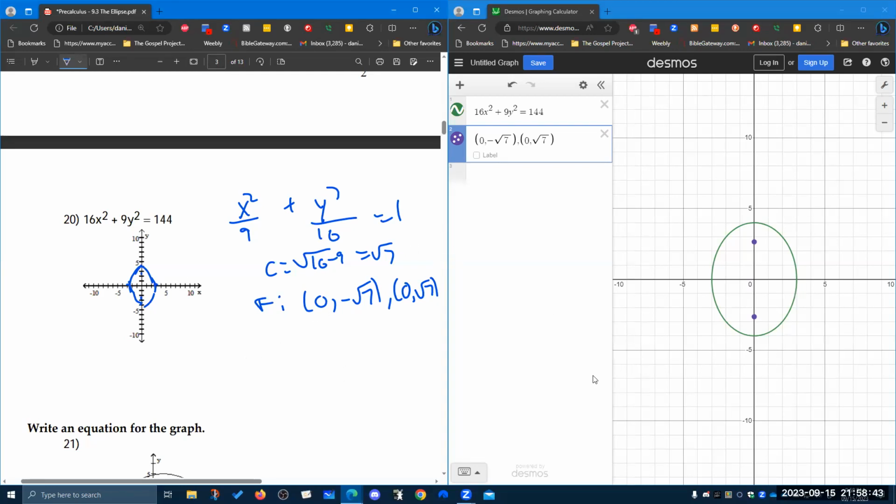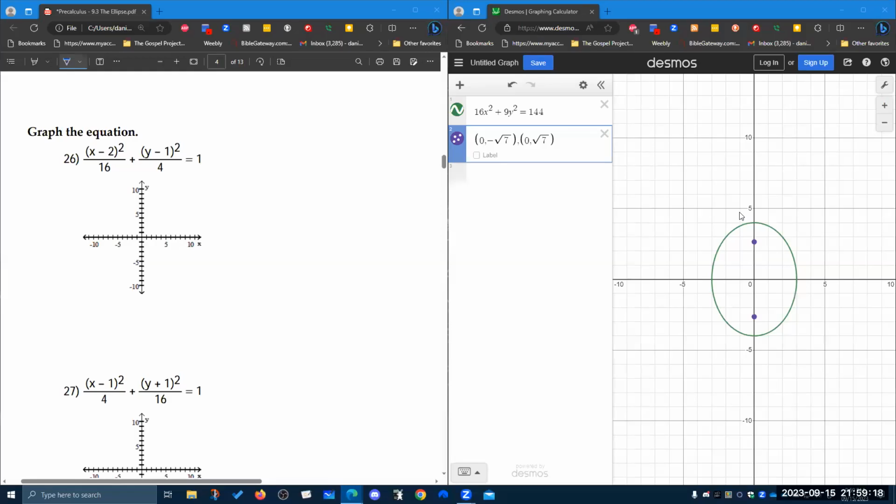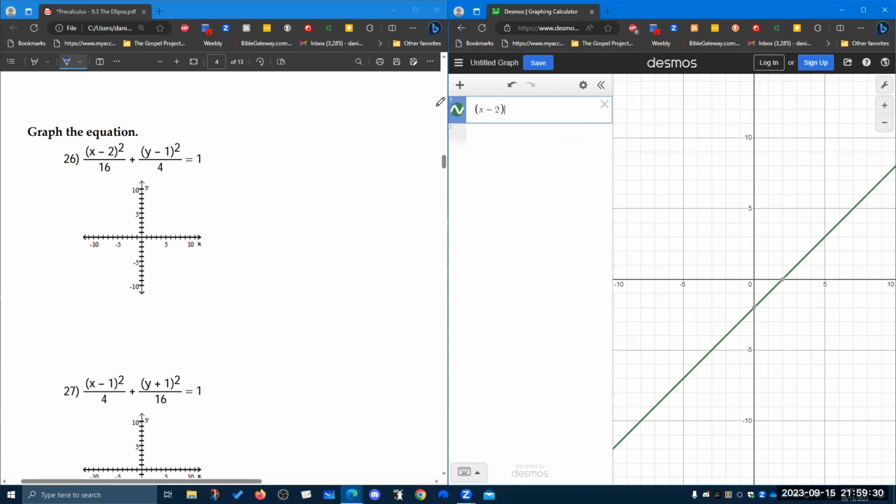Just a second. All right, so we're going to graph these few problems here as well. X minus 2 quantity squared divided by 16 plus y minus 1 quantity squared divided by 4. That equals 1. See how it's not centered at 0, 0 anymore?